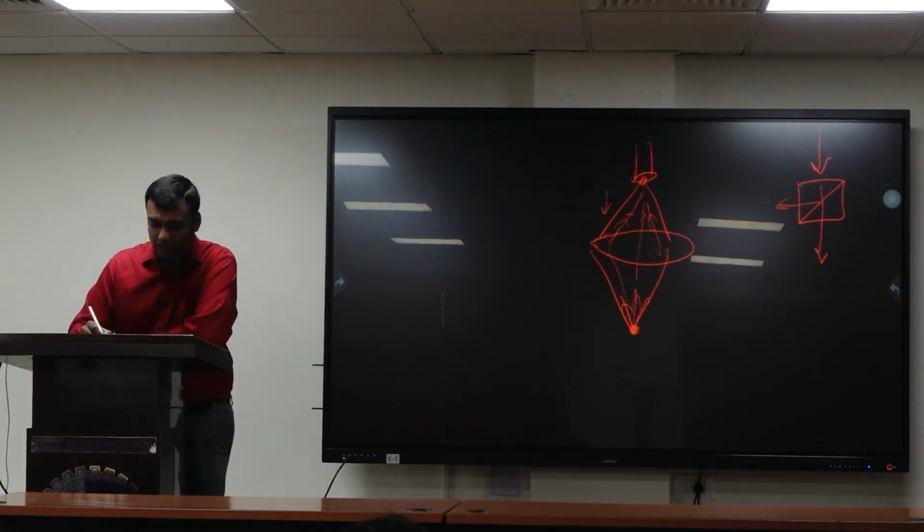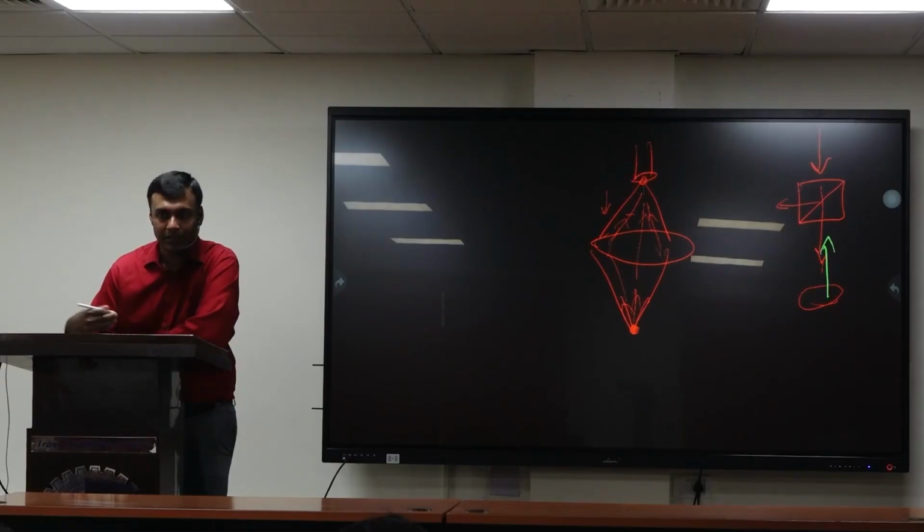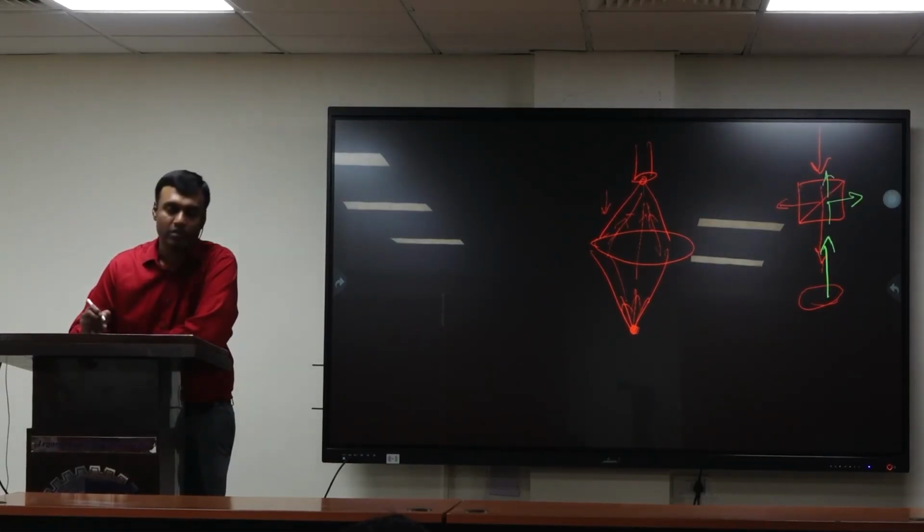Say this light falls on the sample, goes to a fiber, whatever happens. Then the light comes back. I'm using a different color, but it's the same wavelength that comes back. Now it reflects this way and it also transmits. What goes back you don't care about. The light that goes this way, you can put a detector here and measure.